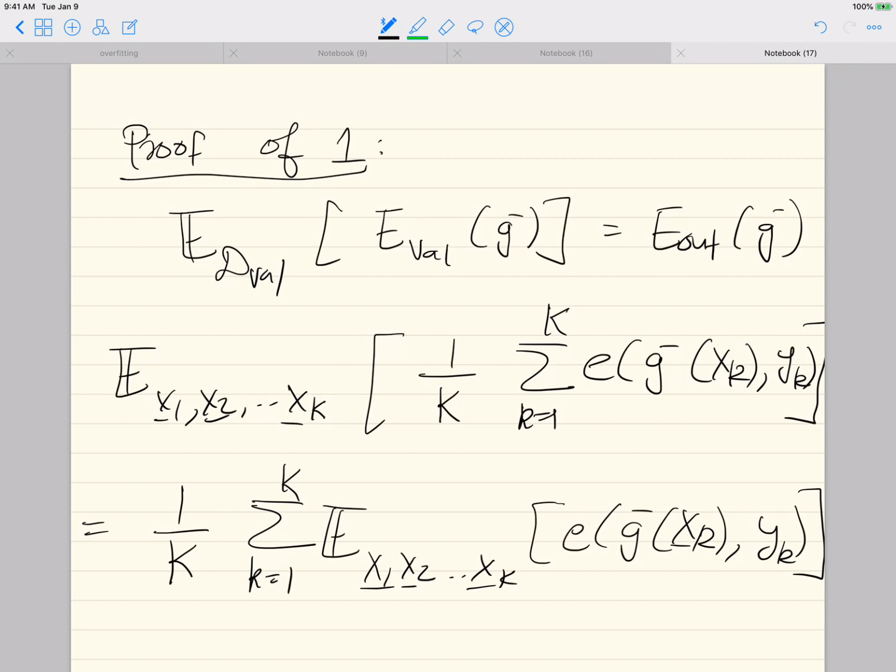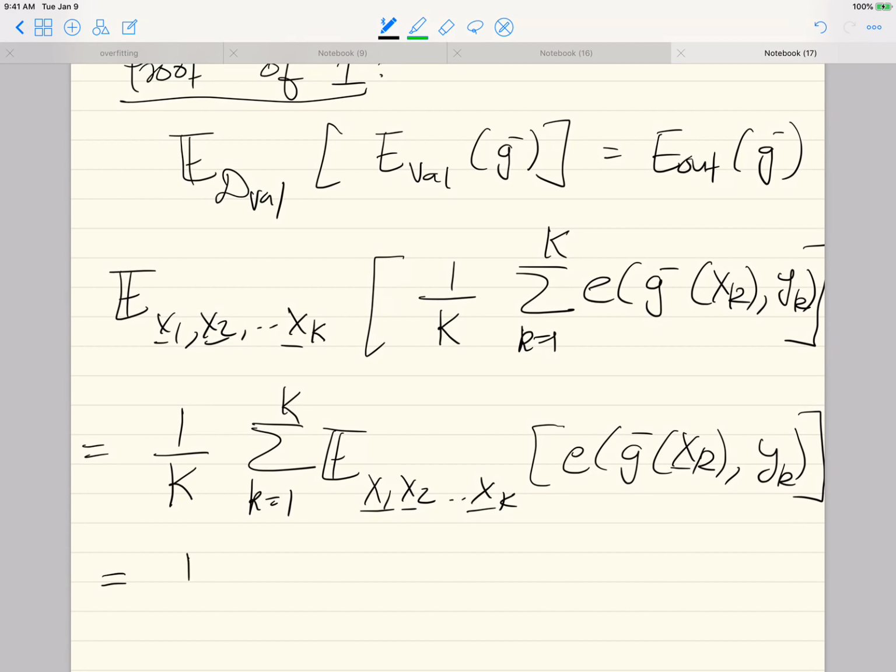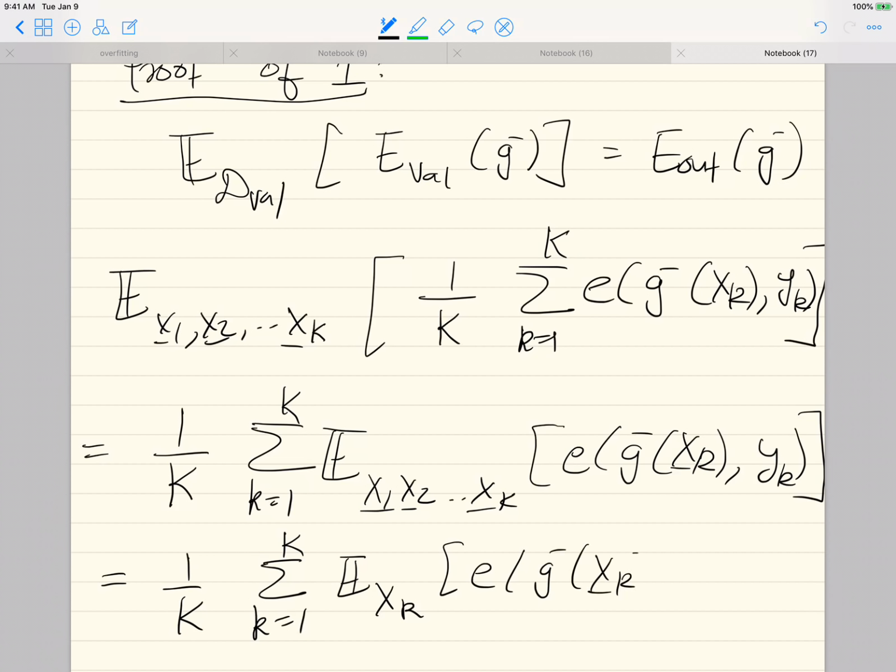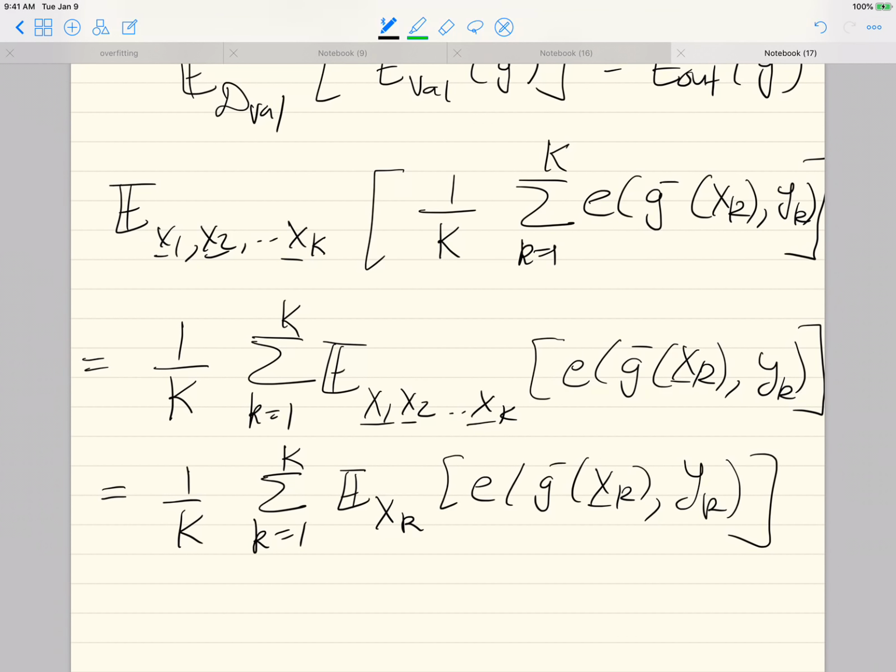So when you take the expectation, the only quantity that matters is that particular random variable. You just marginalize out over the rest, they are not relevant.